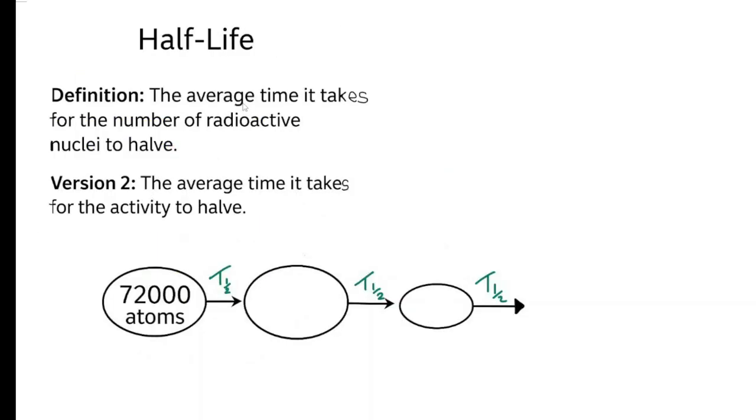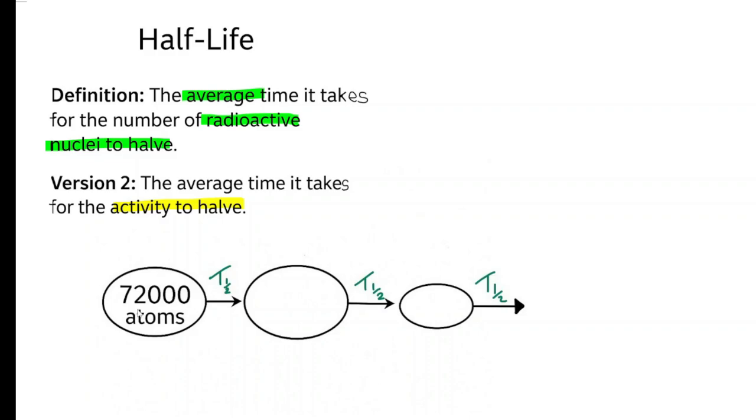Half-life is the average time it takes for the number of radioactive nuclei to halve. There's a second version of the definition which says the average time it takes for the activity to halve. Just like a minute ago, we discussed what activity is, for the time it takes for that to halve. Let's look at a simple example.